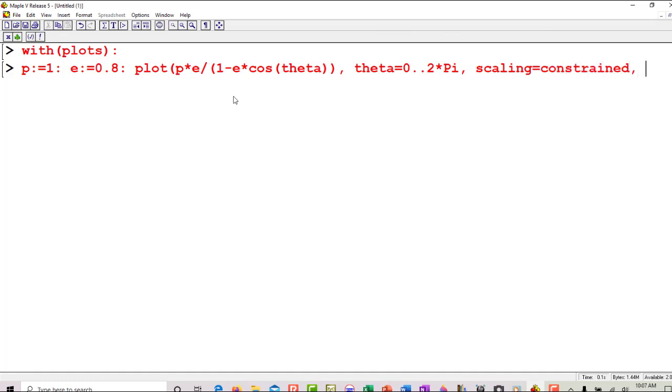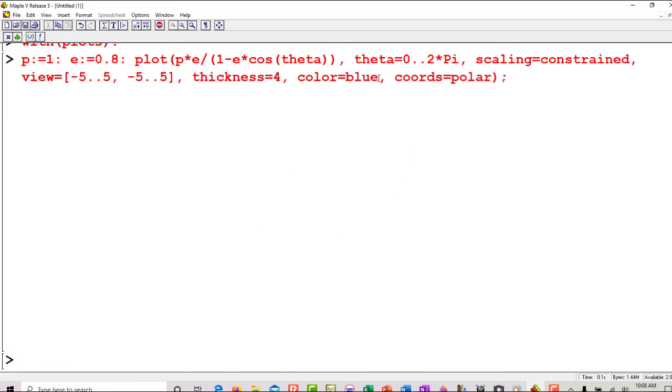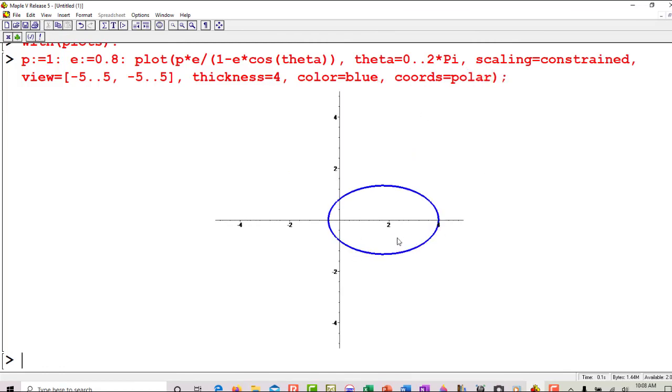Scaling will be constrained. We'll change the view to -5 to 5, -5 to 5, and thickness equals 4, color equals blue. Oops, I forgot to set my coordinates. Coords equals polar. And here we have ourselves a nice little ellipse.